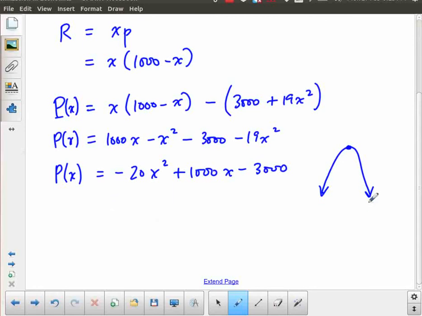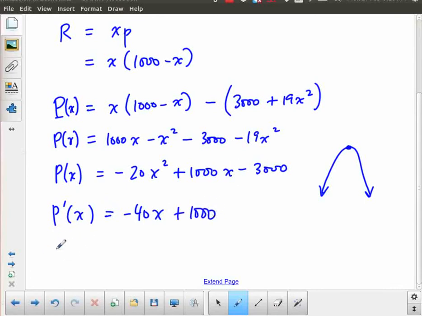And you can use that as an argument if you can't figure out how to do the boundary conditions. But again, for problems in this calculus course, you're expected to be looking at boundary conditions. So let's take the derivative of that, and we end up with negative 40x plus 1000.